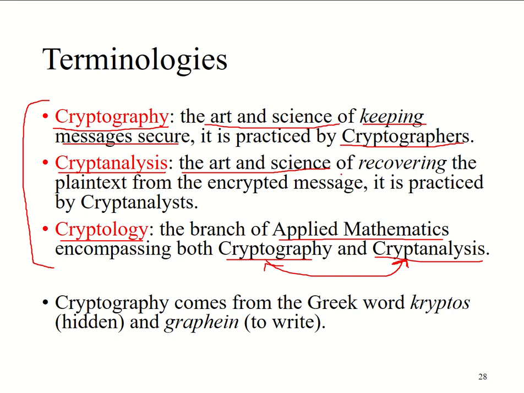Now, for cryptanalysis, it's the same, the art and science of, but what? Recovering the plain text, the opposite of cryptography, from the encrypted message. When you do cryptography, you encrypt the message.